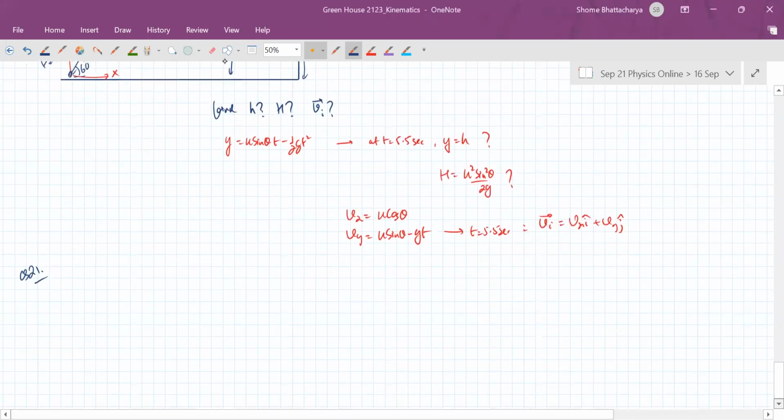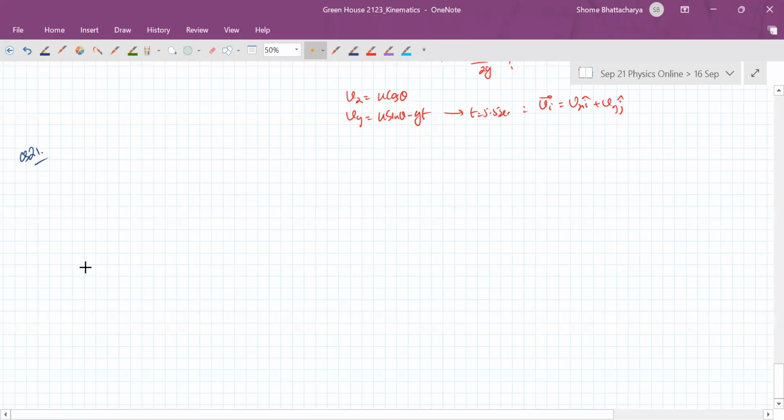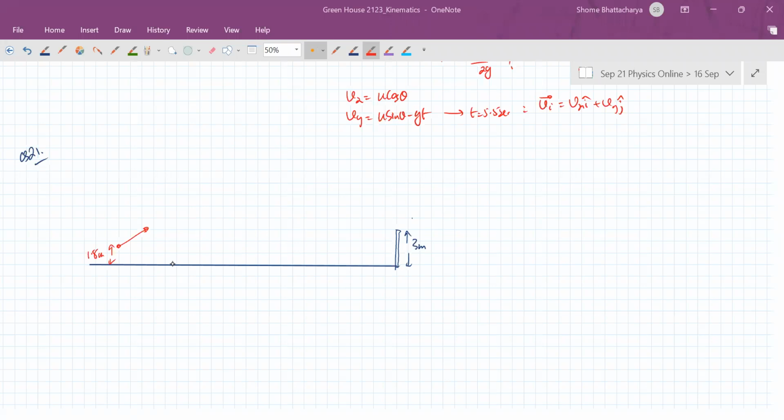Okay, sir. So this is the ground level. Let's say this is the wall, which is 3 meters. So it is projected from somewhere here, let's say, sorry, 1.2 meters above the ground.